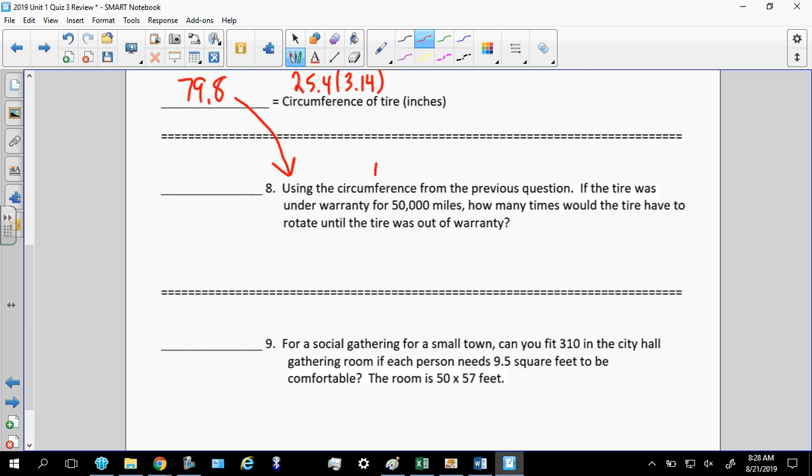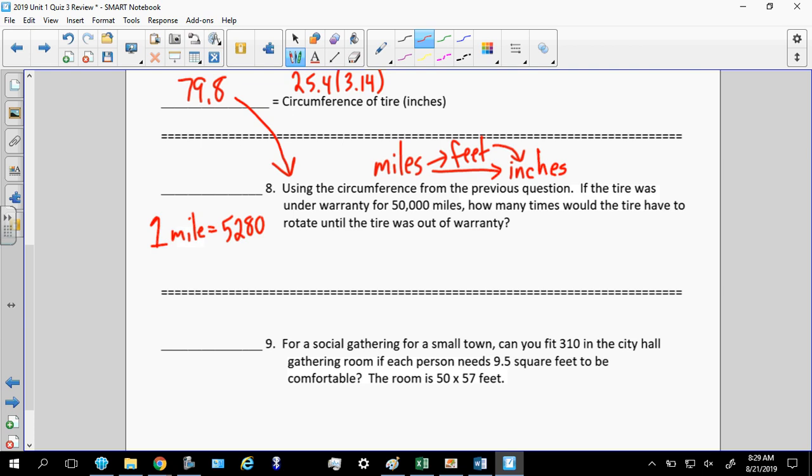Now, I did this in class, so you should remember, and that is what you have to do first is take the miles and convert it to inches. Now, in order to convert it to inches, you have to do one side step, which means convert it to feet first and then go to inches. Now, in class, I gave you the measurements, and that is 1 mile equals 5,280 feet.